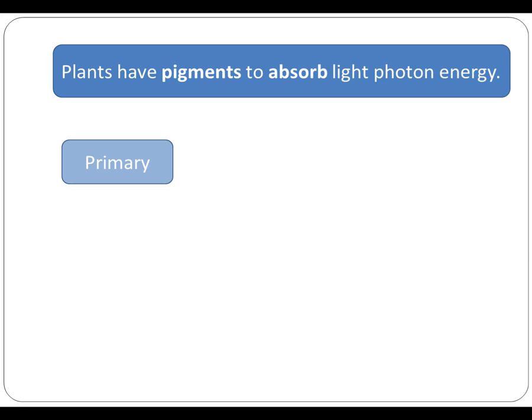Those are the types of pigments that do the bulk of the light photon absorption. This includes a molecule called chlorophyll A. Chlorophyll A is the name of this primary pigment that's responsible for absorbing most of the light spectra for photosynthetic organisms.